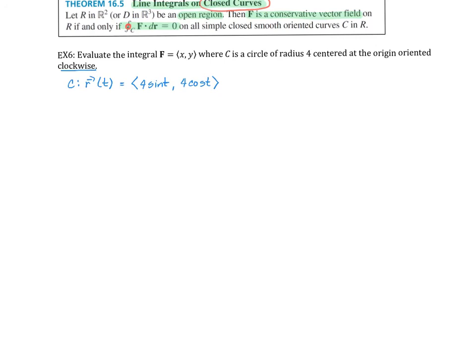Another way we could change the direction is keep it as 4 cosine, 4 sine, but replace t with negative t. So that's another thing we could do. And I'm going to go from 0 to 2 pi because it's the whole circle and it's closed. So I have to start and end where I began. This would be my x and my y.